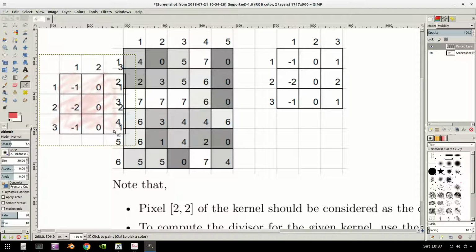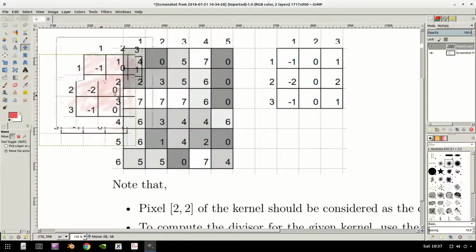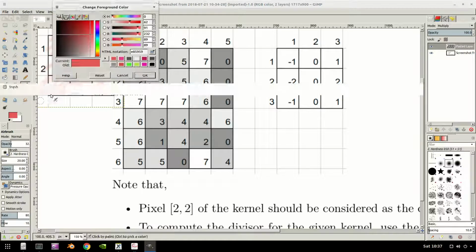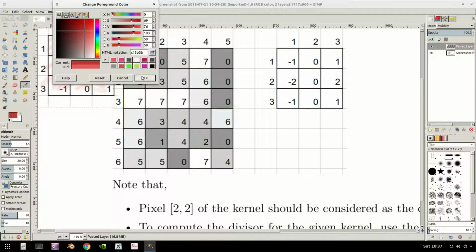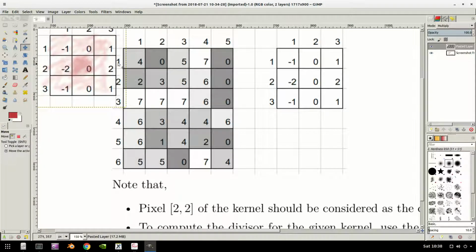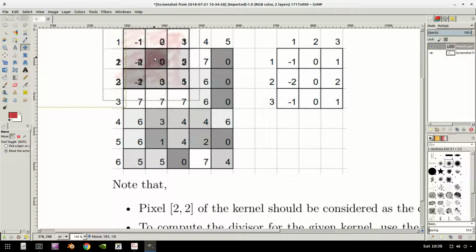The red one is the kernel, and we have the grayscale one as the image. See, this is the center, this 2, 2 over here. So if you're talking about 2, 1, the center pixel has to be right on top of it.